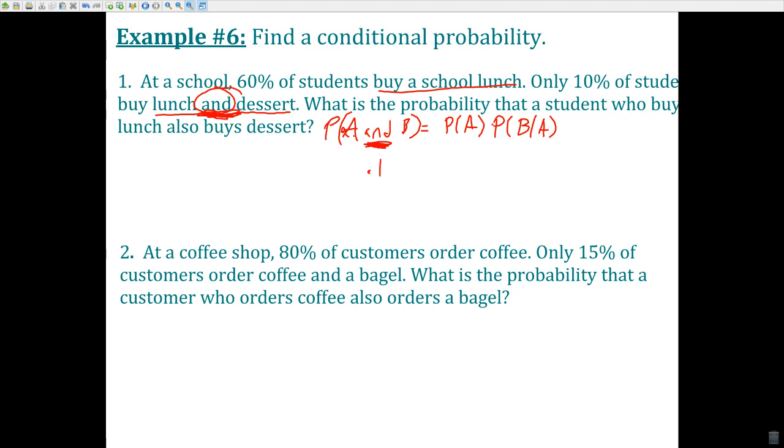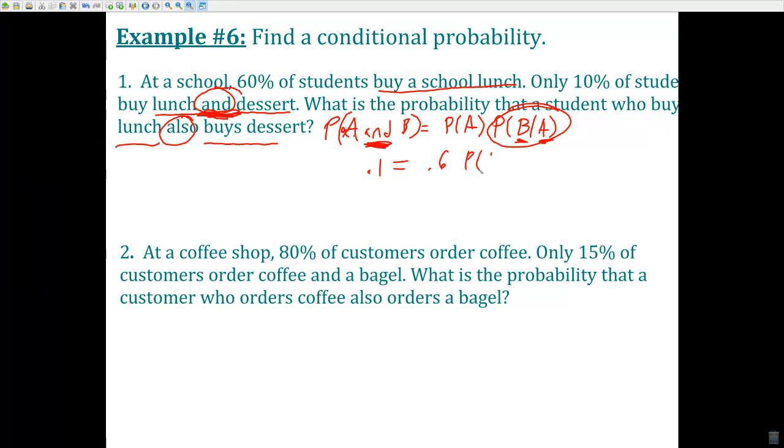It goes on this left side, 0.1 here. And they give you the probability of A, 60% of students buy lunch. They want to know the probability that students who buy lunch also buy dessert. Probability that they buy dessert given that they buy lunch. That's what we're finding.